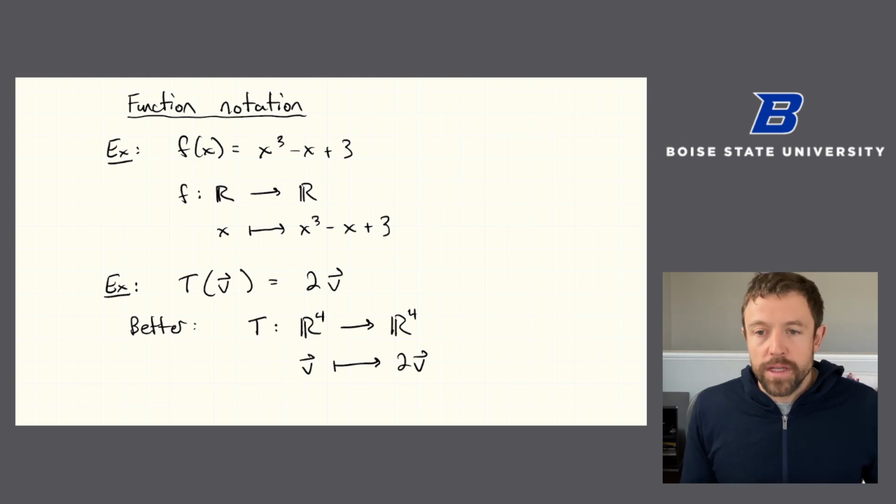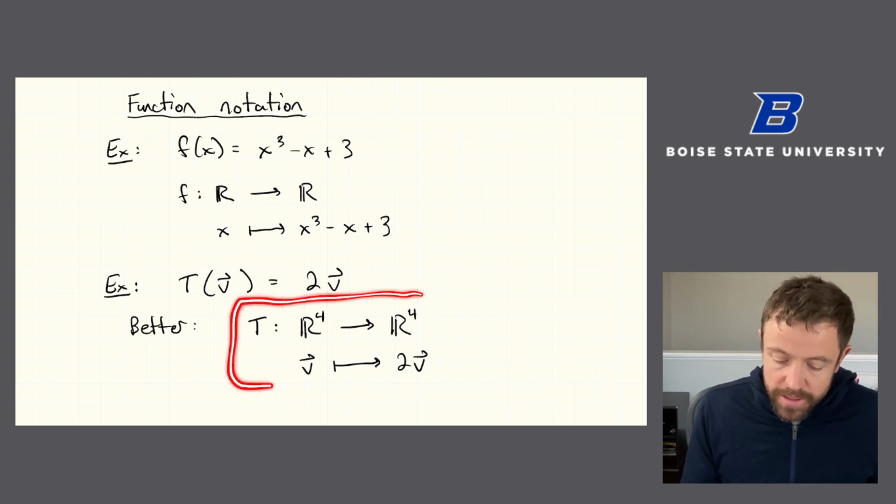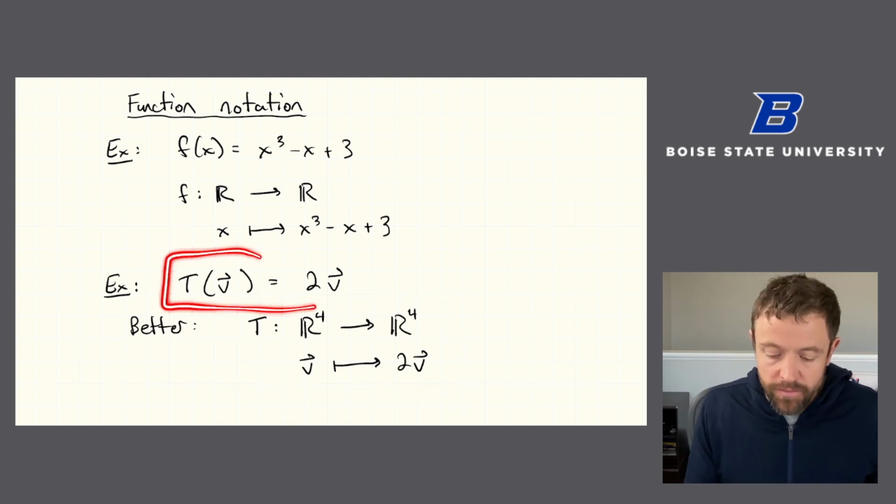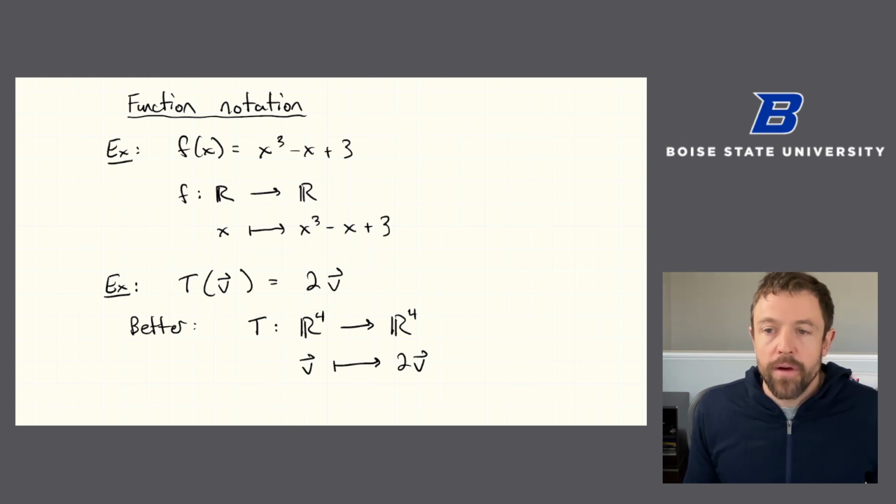We don't want to only assume that someone knows what output and input spaces we're dealing with. And so I'll often write this notation, although if it's unambiguous from the situation, there's nothing wrong with the other sort of notation. Okay, so this is function notation that I'll use throughout this video.